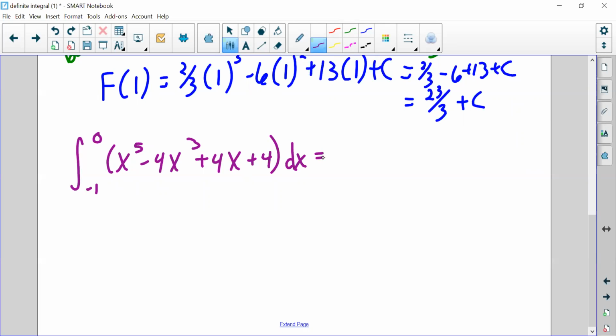Step 1 is the same: find the antiderivative. x to the 6th over 6, minus x to the 4th, because the 4x cubed will be over 4, which cancels out with that 4. Okay, next term.